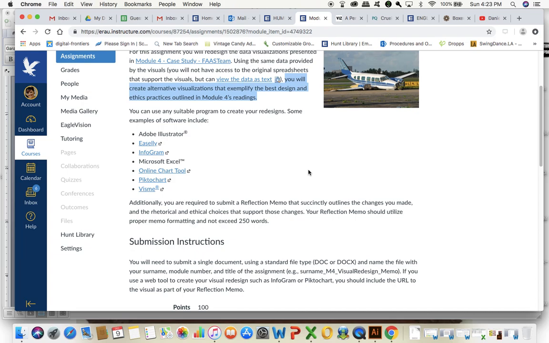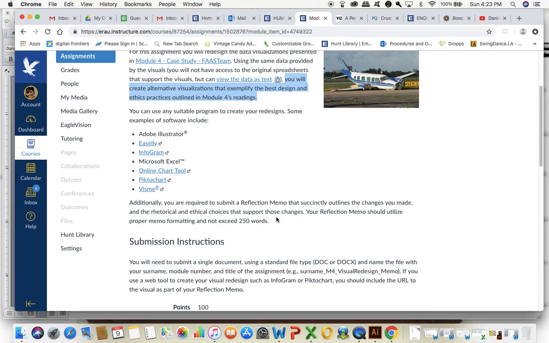Or you can draw it out on a piece of paper: I want it to look like this. I would recommend doing that first, because once you have an idea of what you want to do, and then you go into the different platforms, you'll be able to see which ones might work best for you depending on your aims in those alternative visualizations.